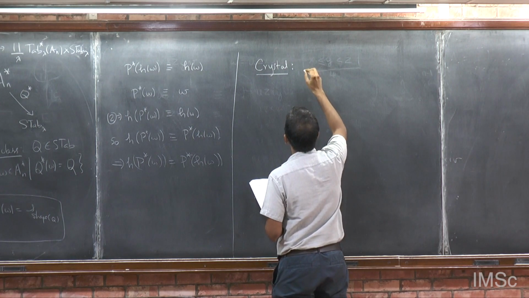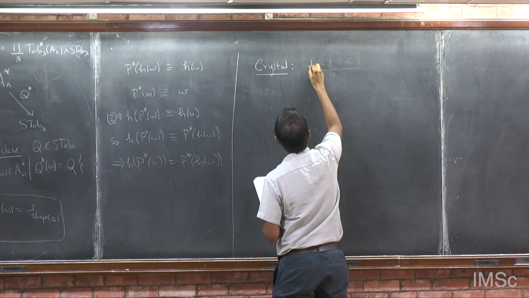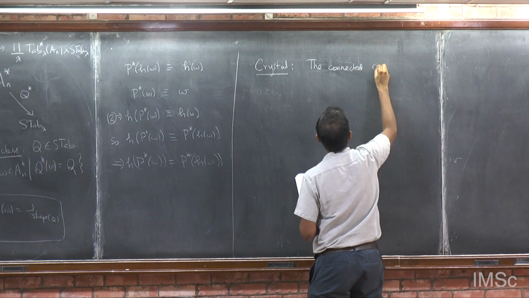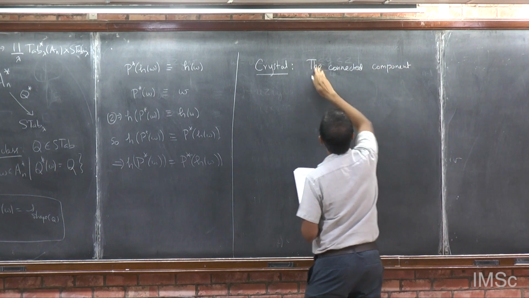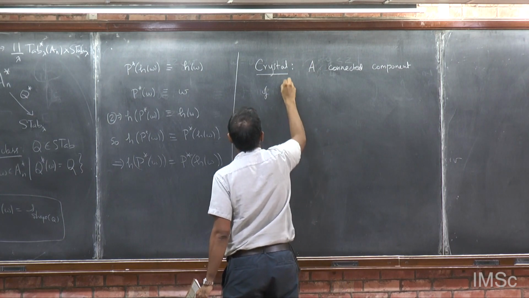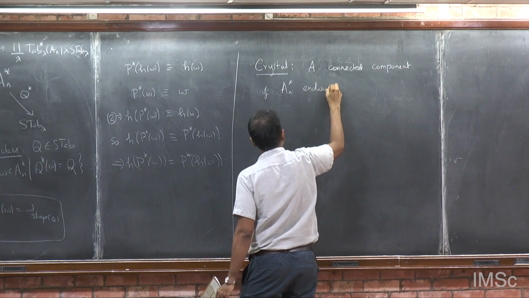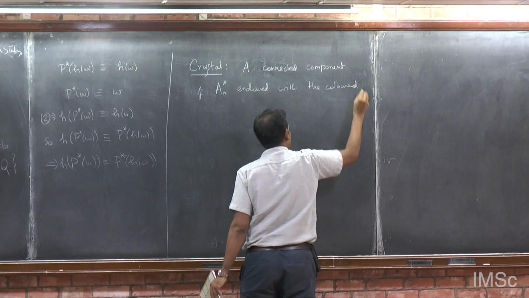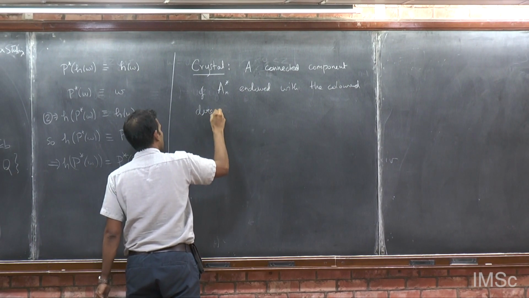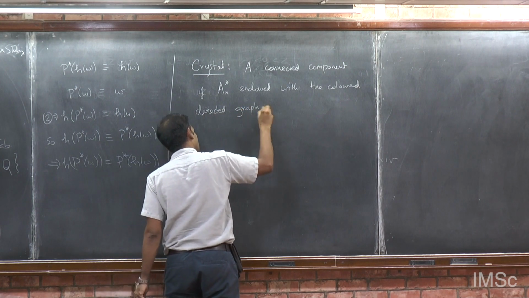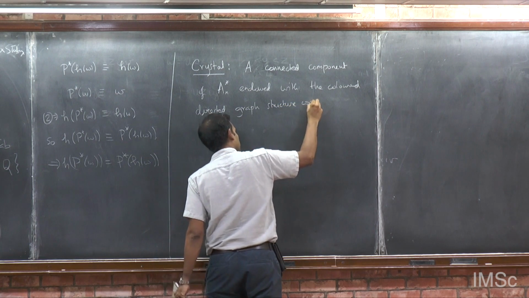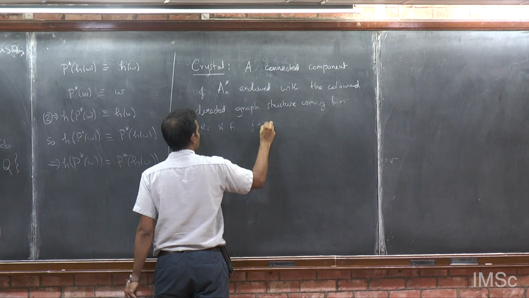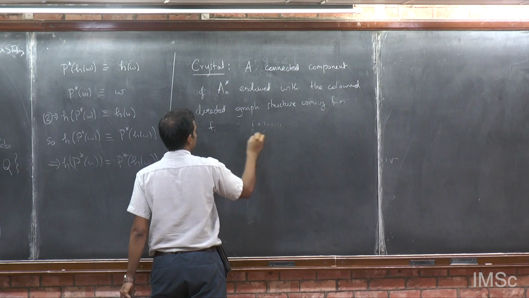Crystals are, you start with any word W. So I would say a connected component of A_n star endowed with the colored directed graph structure. I should explain what this means, coming from crystal operators E_i and F_i, maybe we'll just say F_i, i from 1 to n minus 1.